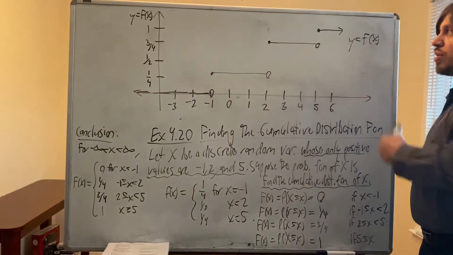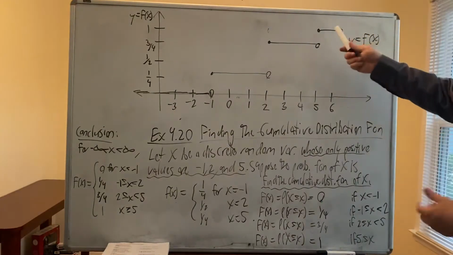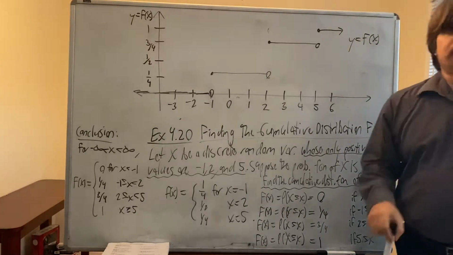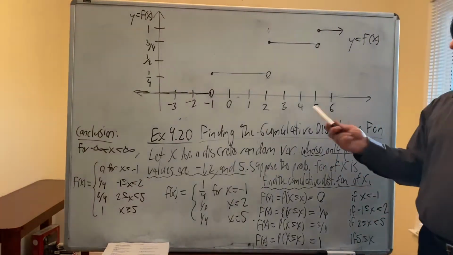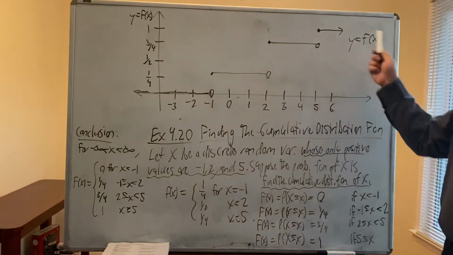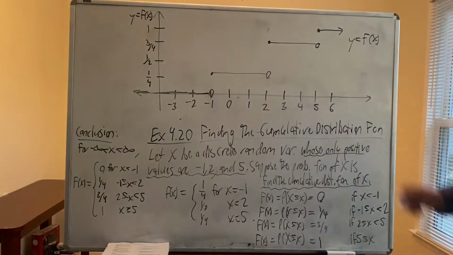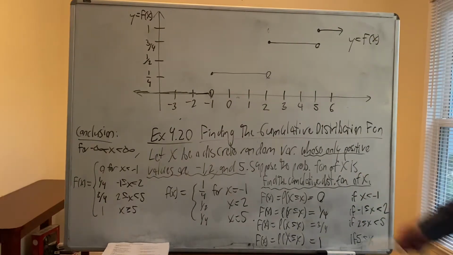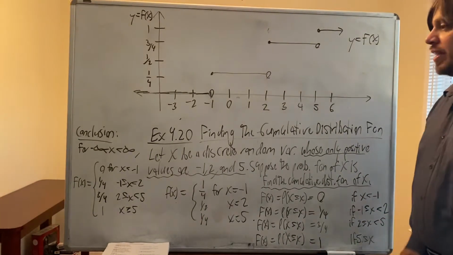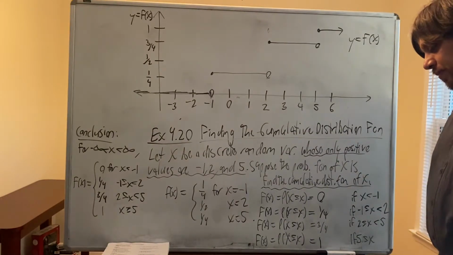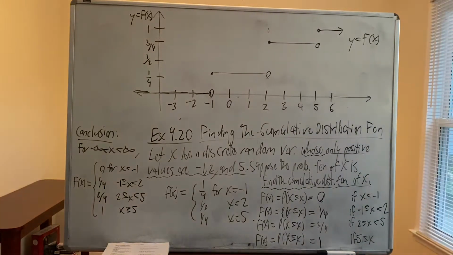As x gets larger, the probability that capital X is at most these little x values is 1 for little x greater than 5. Okay, and so that's the graph of the cumulative distribution function of X in example 4.20. Okay, so I can erase this.